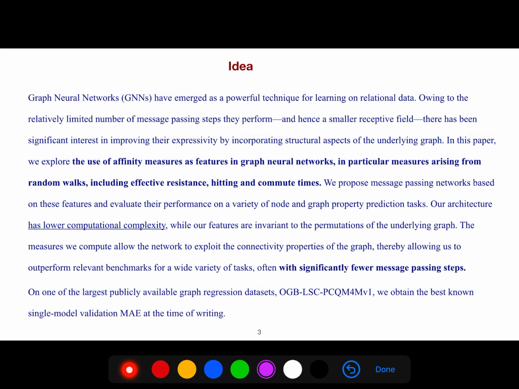The measures we compute allow the network to exploit the connectivity properties of the graph, thereby allowing us to outperform relevant benchmarks for a wide variety of tasks, often with significantly fewer message passing steps. On one of the largest publicly available graph regression datasets, OGB, we obtained the best known single model validation at the time of writing.